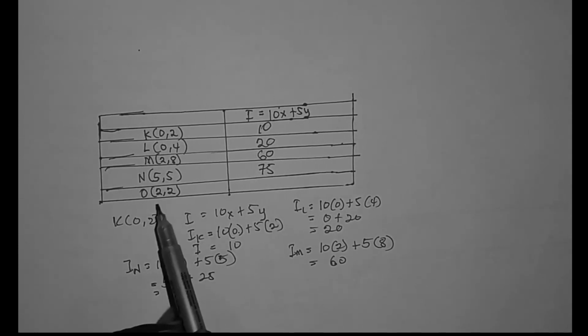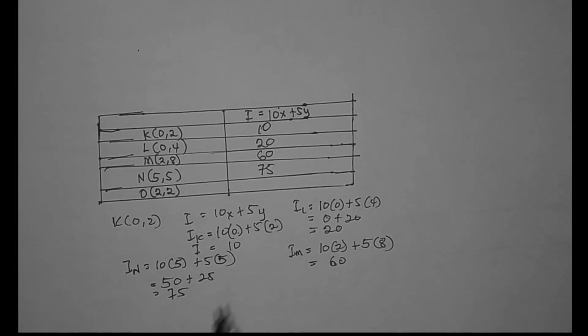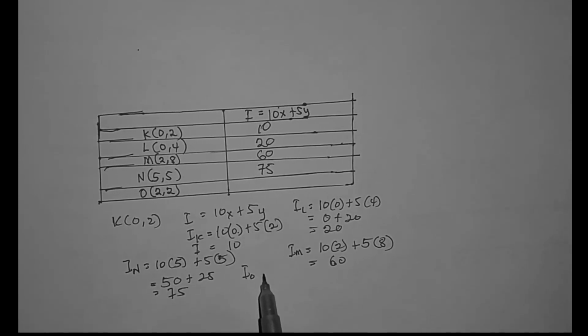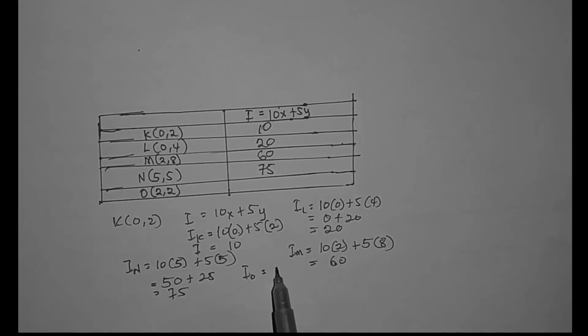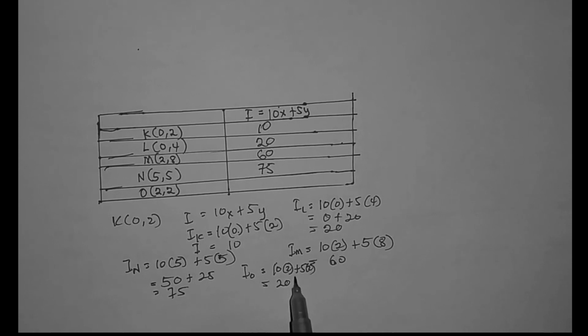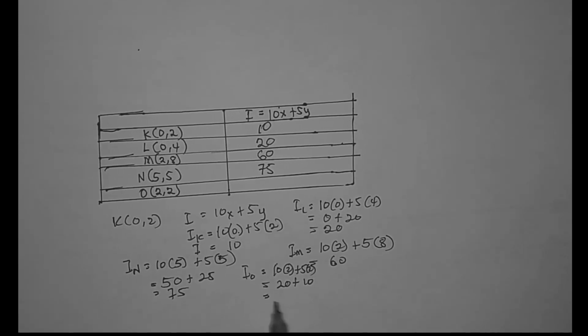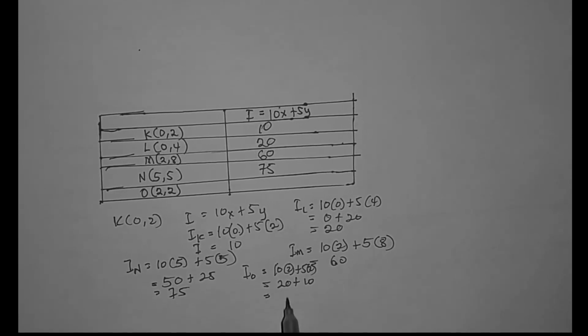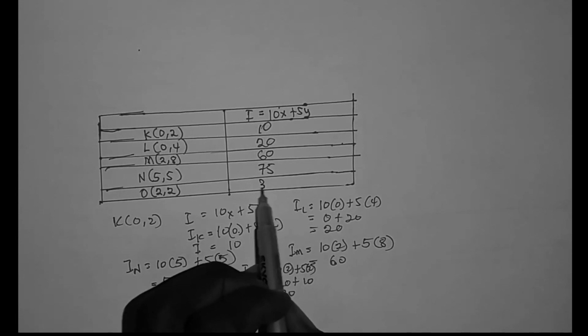And then O is (2, 2). So I of O equals 10 times 2 plus 5 times 2. 10 times 2 is 20, plus 5 times 2 is 10. 20 plus 10 will give you 30. And therefore this part is 30.